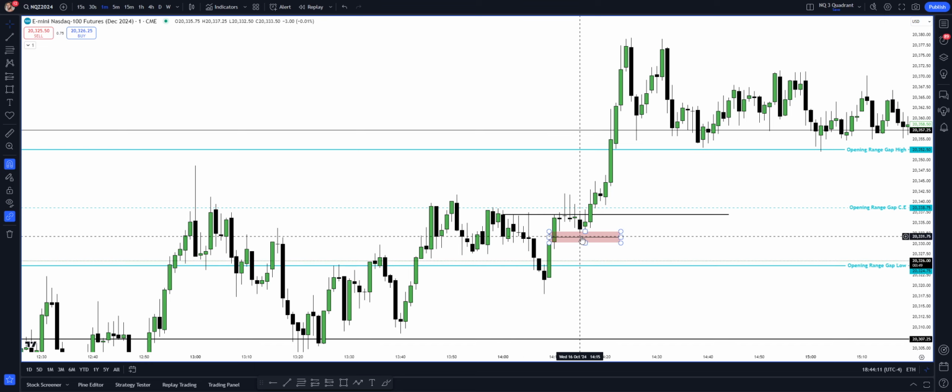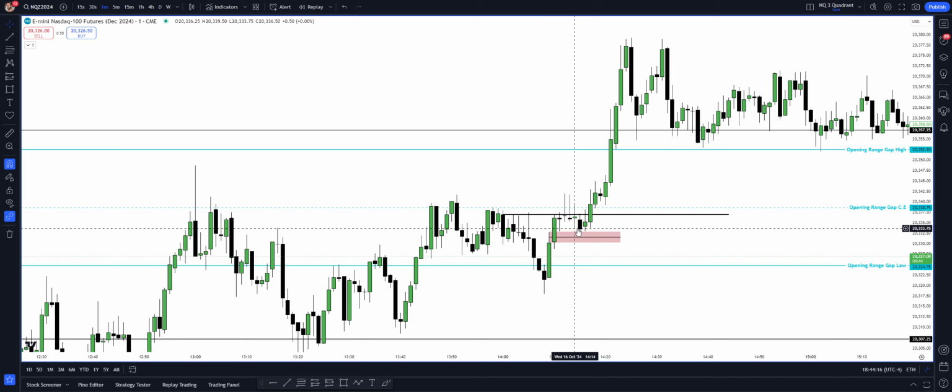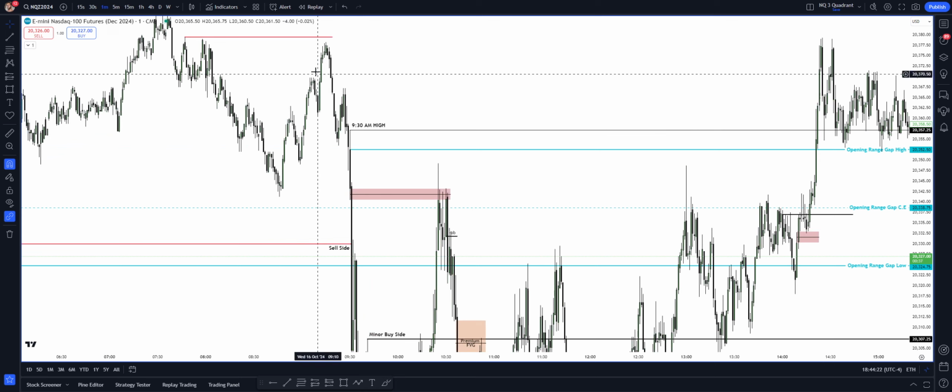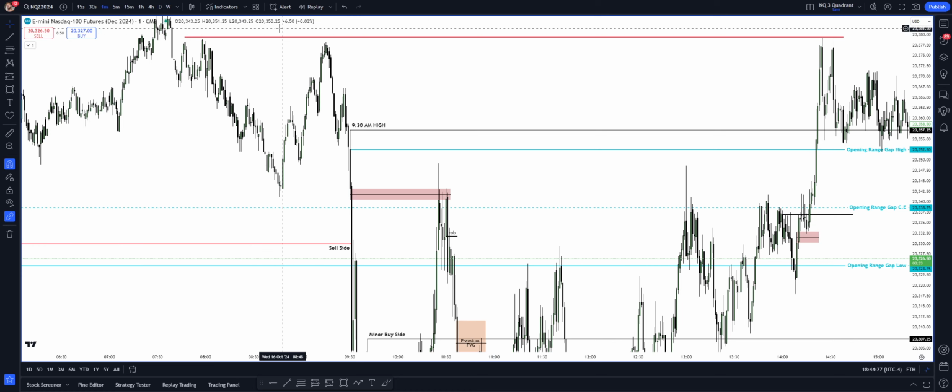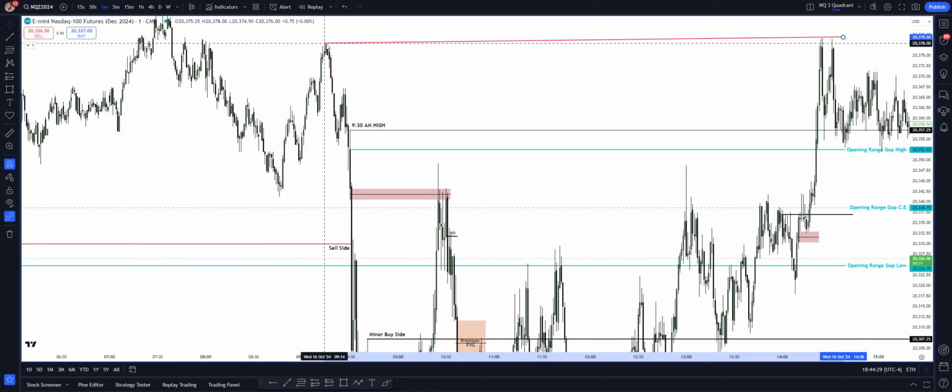It dropped below. You're longing below the open price at 2 o'clock, so you long that. Open range gap high is the first target, 930 high is the second target, and then these highs here are the third and ultimate target. It did not engage with the equal highs, but it took the internal.